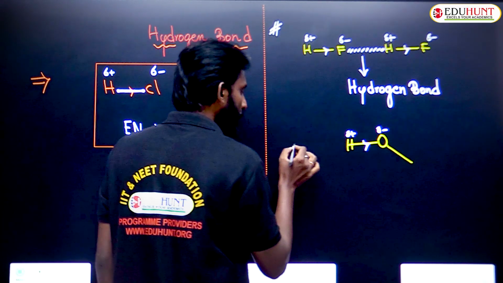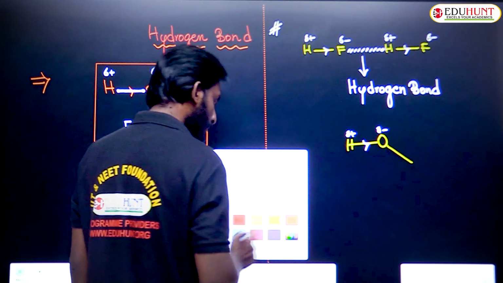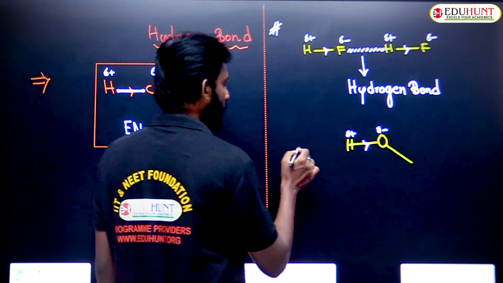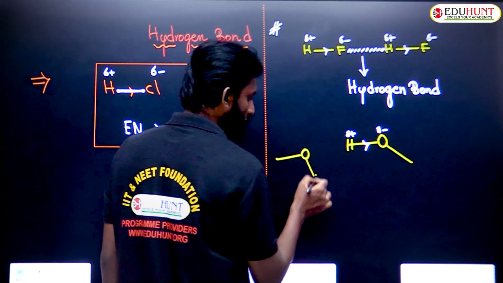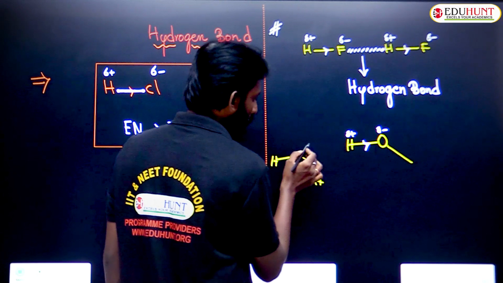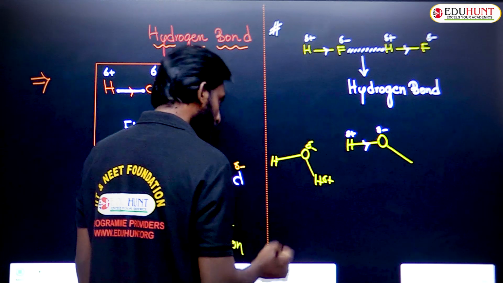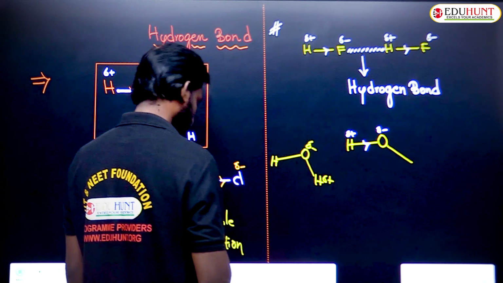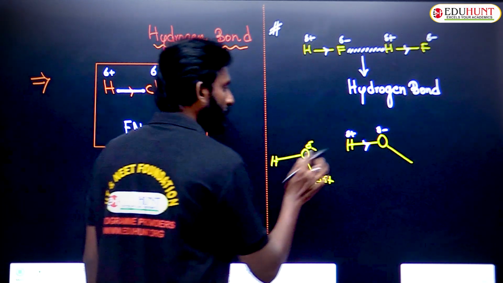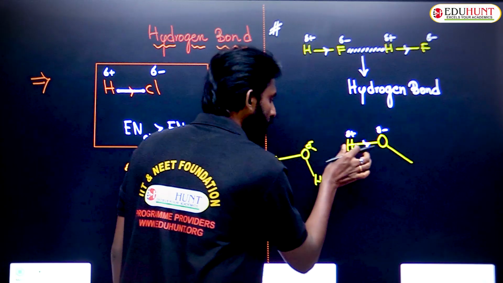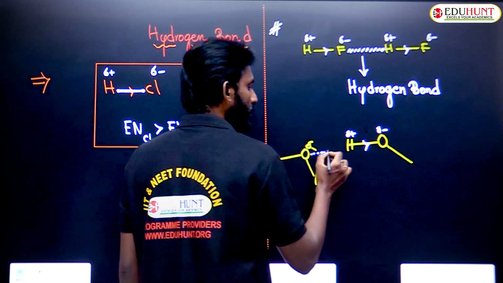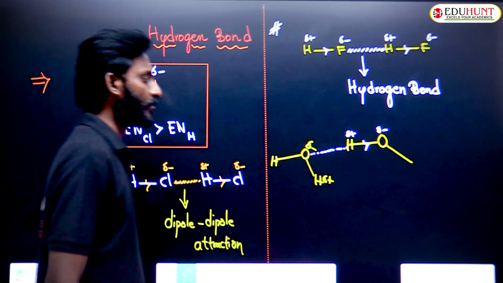Then obviously there is another hydrogen or another molecule you can take here, like this water molecule. Obviously this also has partial minus, partial plus. So there can be a weak attraction between this partially positive charged hydrogen and partially negative charged oxygen, right?